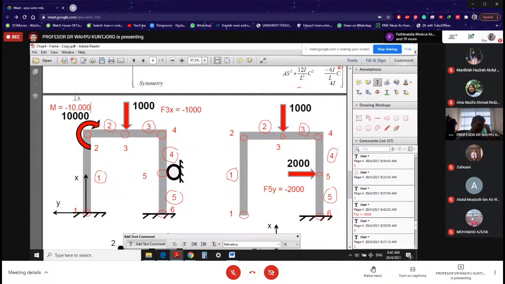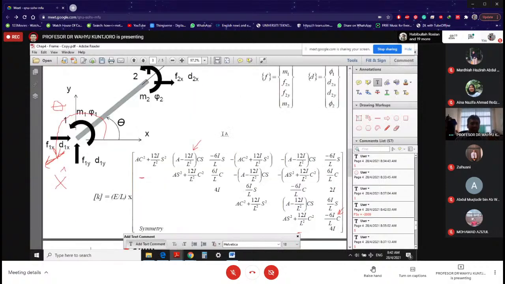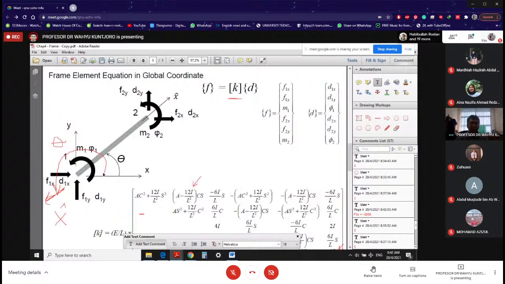Any question? Do you have any question on this one? No question. Fine. So remember, all these arrows that you see here, forces and moment, those are positive direction, if your x and y is in this coordinate.